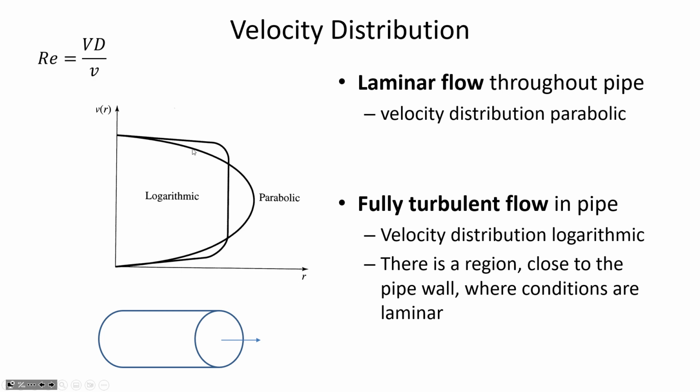And what we know about the flow conditions is that when it's laminar flow, meaning that the Reynolds number is less than 2,000, then the velocity profile will be more parabolic in shape, whereas when we have turbulent conditions, meaning that the Reynolds number is above 4,000, then there is more of a flat velocity profile.